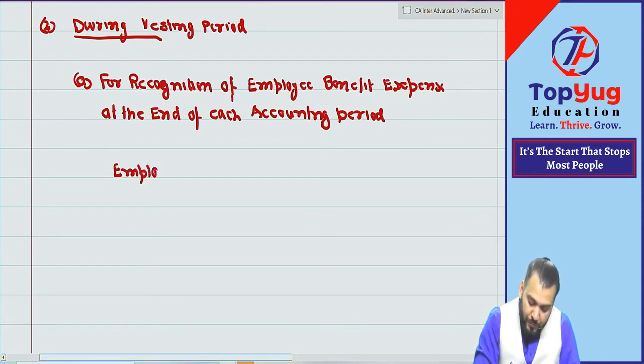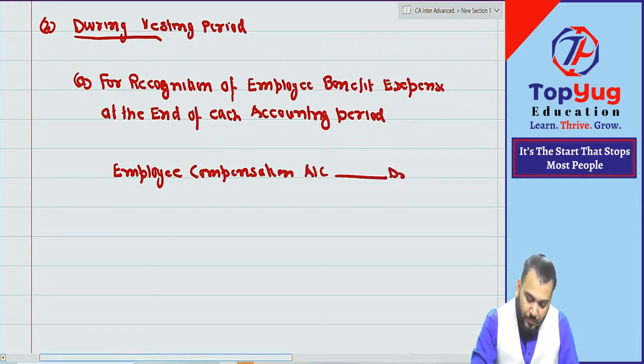Employee compensation account debit, to what?